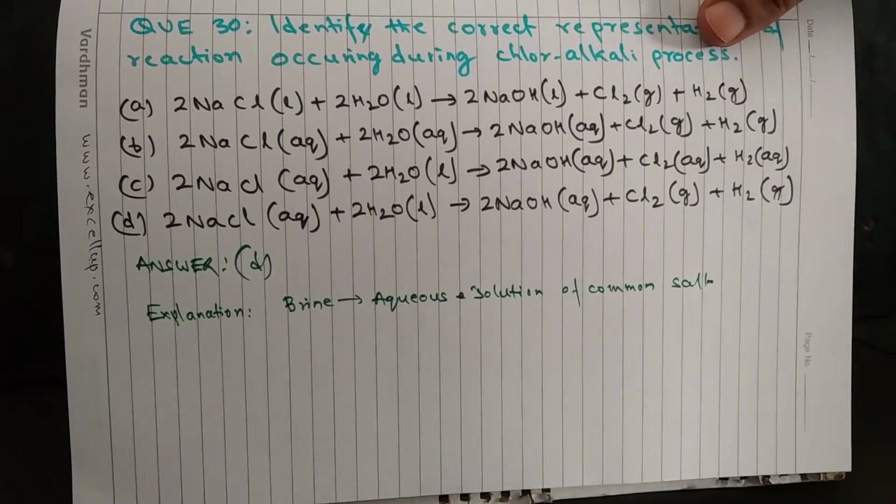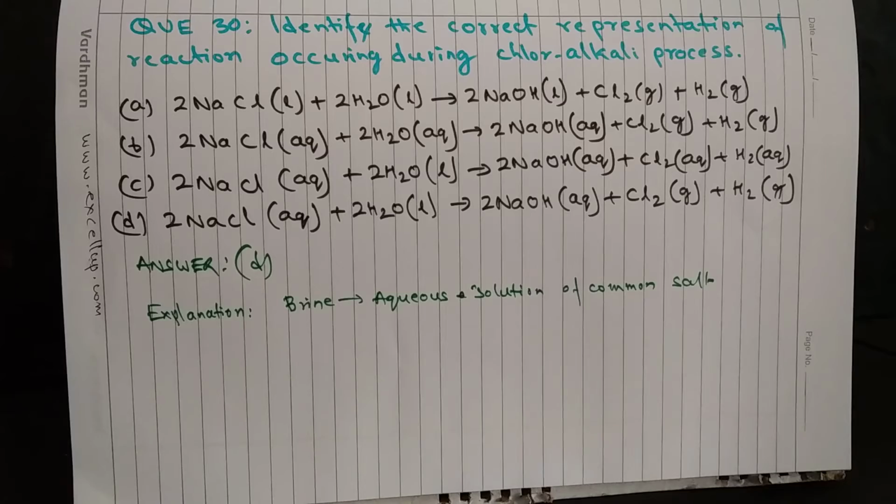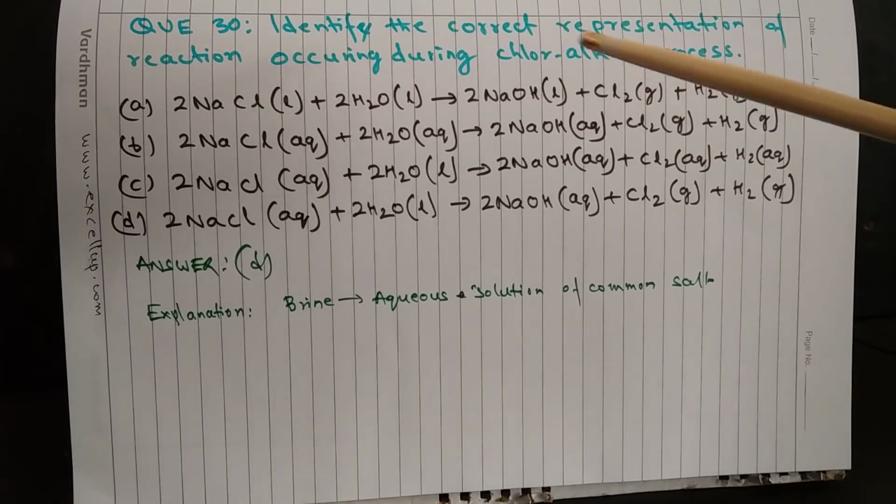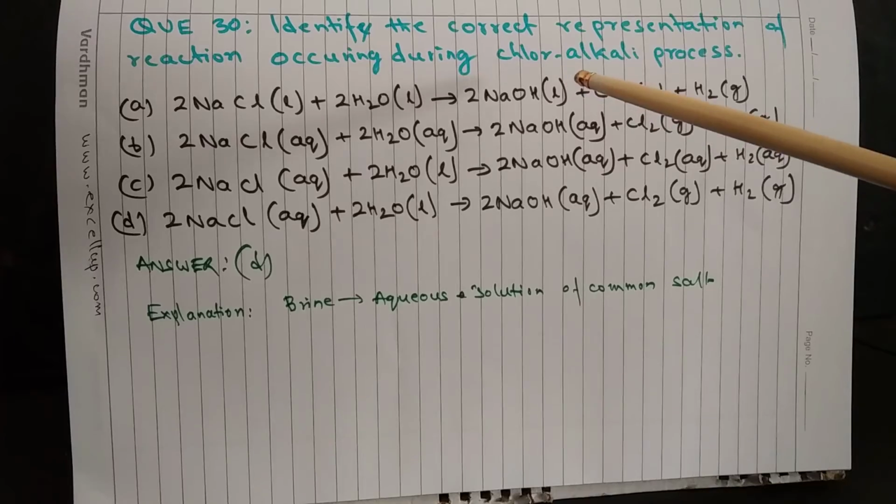Question 30. Identify the correct representation of reaction during chlor-alkali process. In all these options, reaction is same, that is 2NaCl plus 2H2O is equal to 2NaOH plus Cl2 plus H2. The states are different in different options.